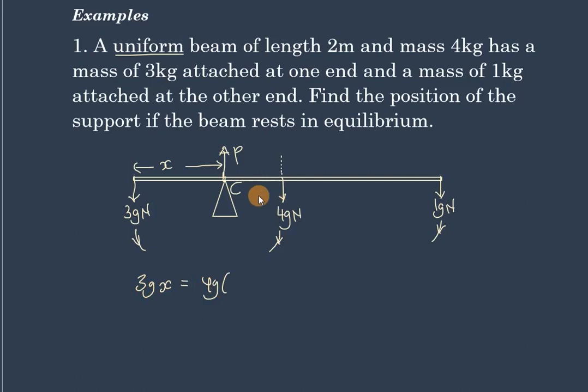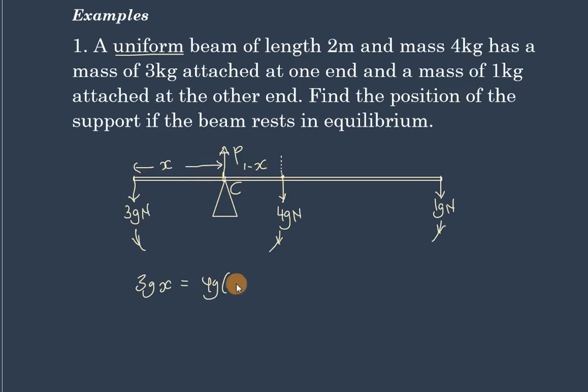Now remember this whole thing has 2 meters, so from here to the end it is 1 meter, and from the middle to the end it is 1 meter still. So from C to the middle, it is now 1 minus x, such that when I add this one plus the x, I get the 1 meter.